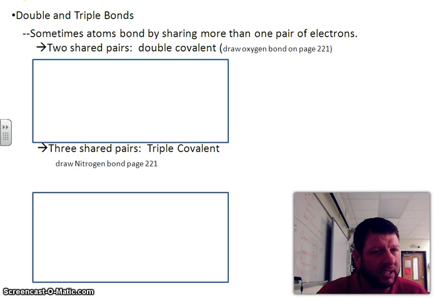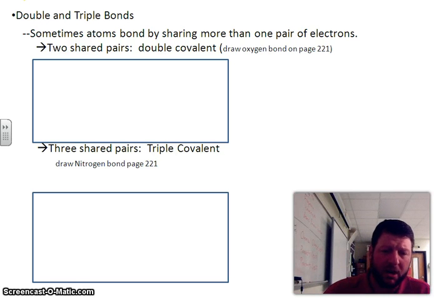Remember, we're trying to get to 8 electrons in the outer shell. So as you can see, the oxygen will share 2 of its electrons with the other oxygen's 2 electrons, and that will be called a double bond. The double bond is shown by 2 dashes, each dash representing a shared pair of electrons.